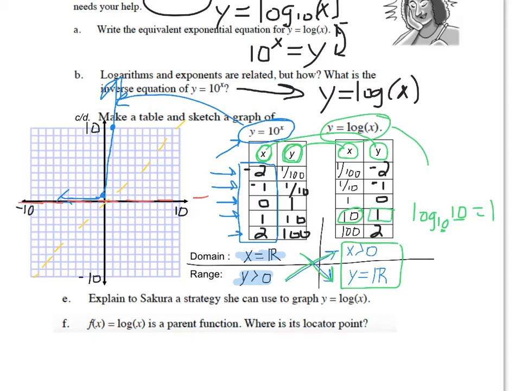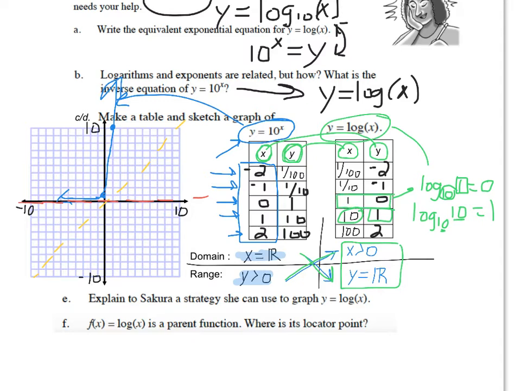That's where this 1 comes from. If I take a look at this, log base 10 of 1 equals, well, what I'm thinking is 10 to what power gives me 1? Well, 10 to the 0. That's where this pair of points comes from.